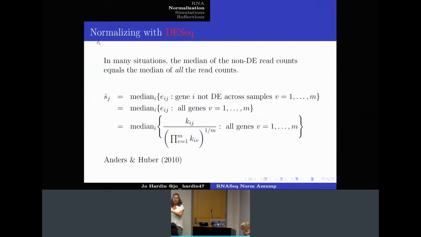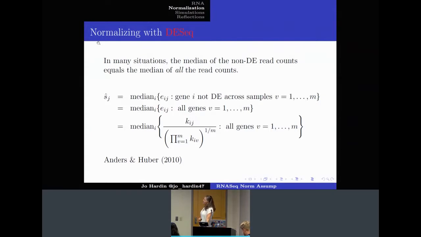Again, if you have huge proportions of upregulated genes or downregulated genes, if you have more than 50% up or more than 50% down, then that first one is going to be violated. But anyway, this is DESeq. You find the median. So that sentence at the top right is this equality here: they want to find the median of the non-differentially expressed genes, and they're just using the median of all the genes, which is a reasonable thing.